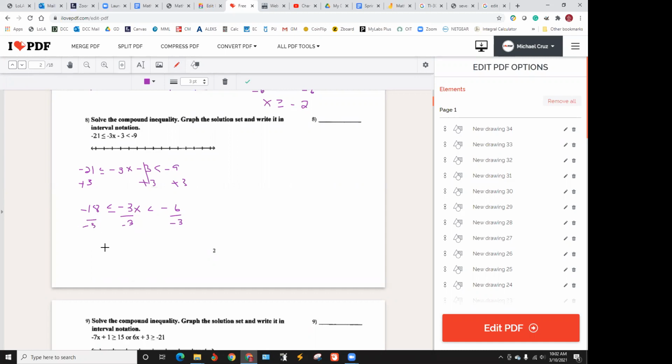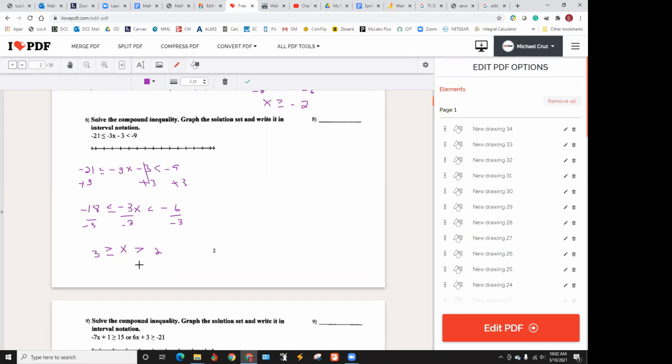In other words, both of them turn around. And this is 3. All right.